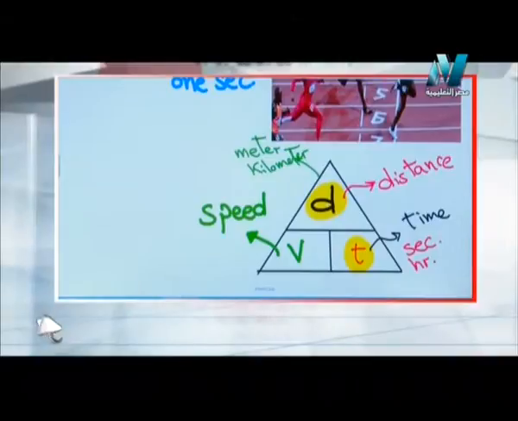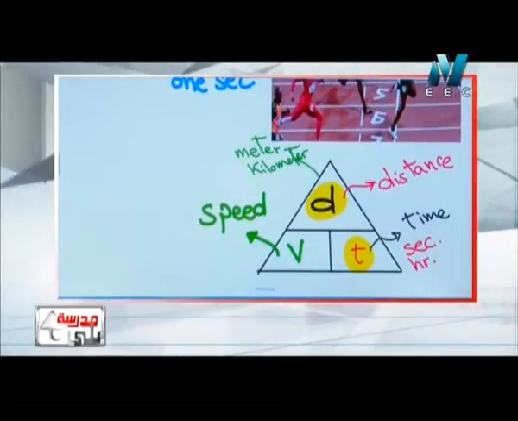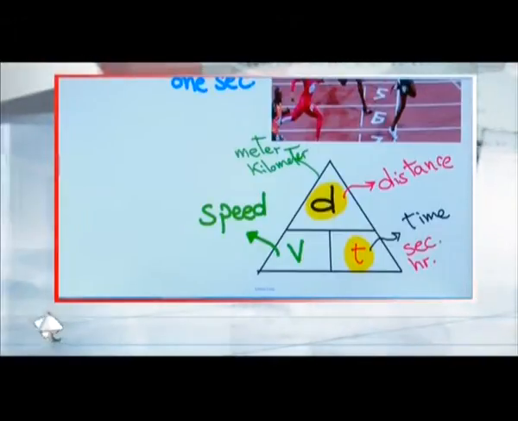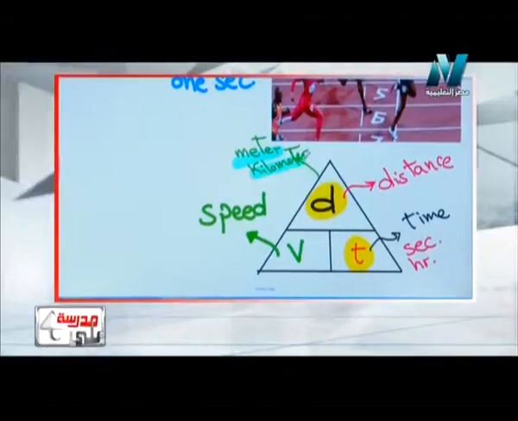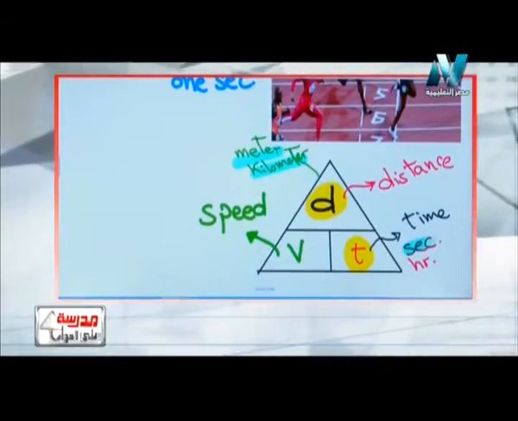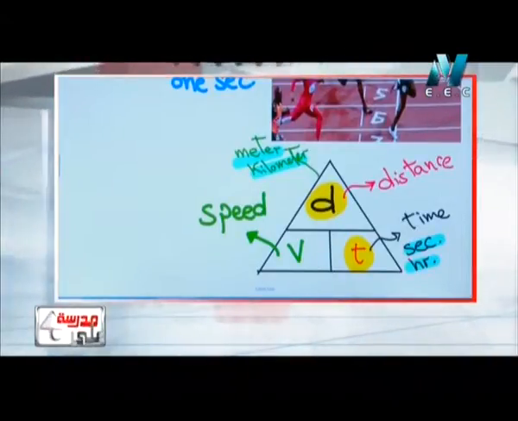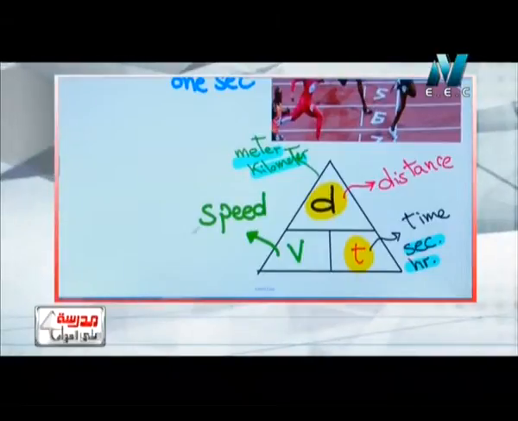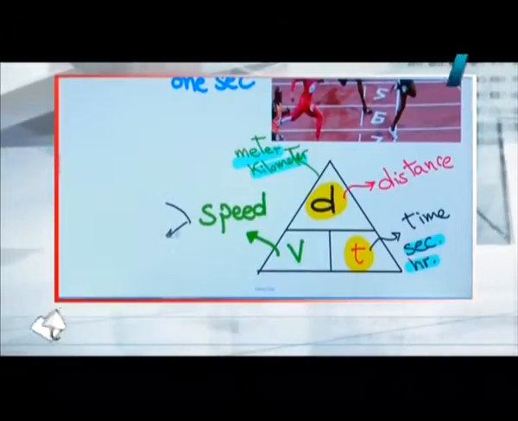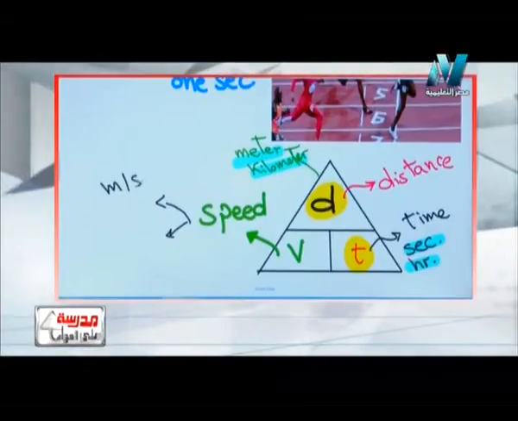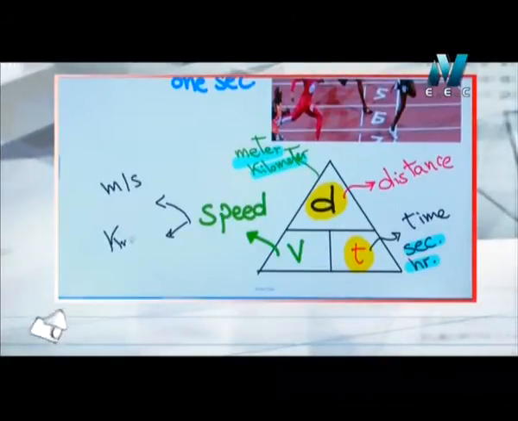So from these two points, distance in meter or kilometer and time in second or hour, we can conclude the measuring unit of speed: meter per second or kilometer per hour.